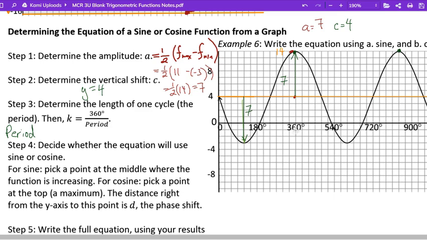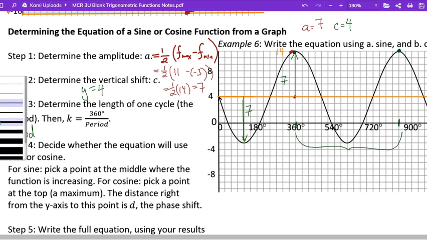So if this is at 360, and then this is at, I don't know, what does it go up by? 1, 2, 3, 4, 5, 6. So it looks like every box goes up by 30 degrees. Do you know what I mean?